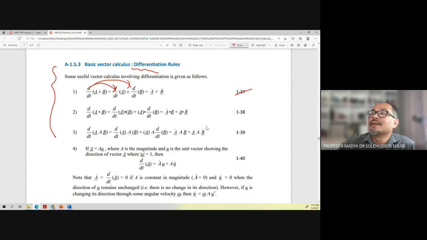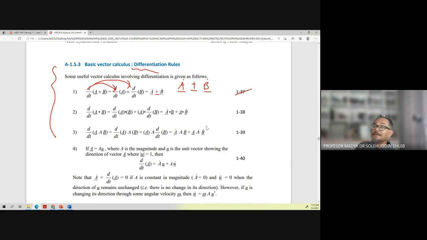So you get vector A dot, differentiate with respect to time, A dot plus or minus B dot, when you differentiate B with respect to time. That one is for addition and subtraction.